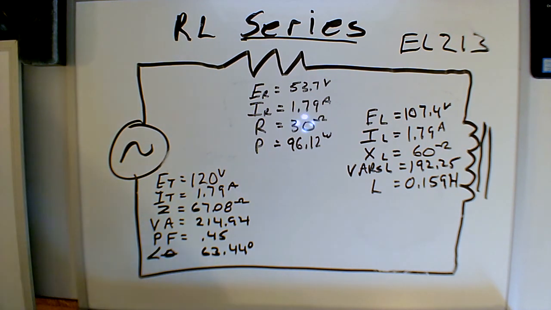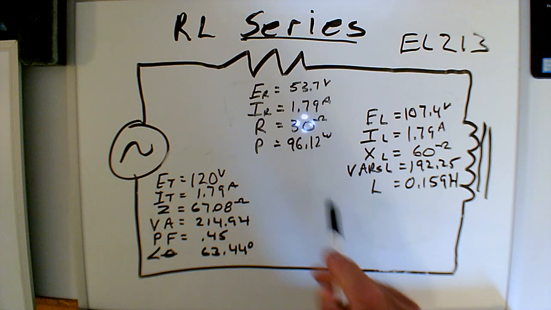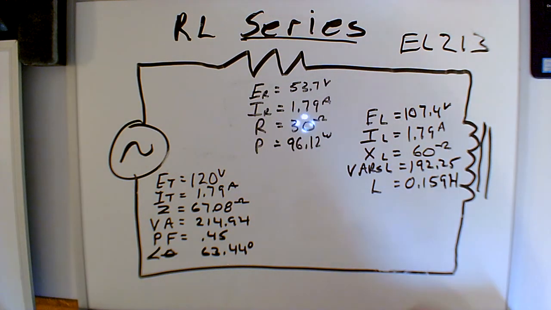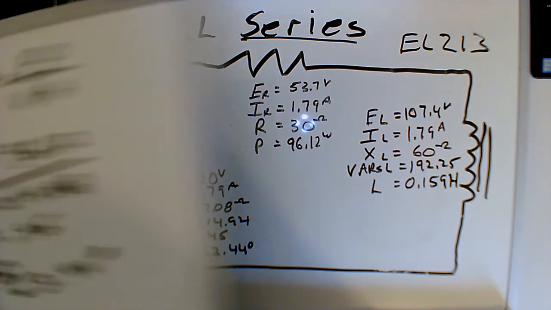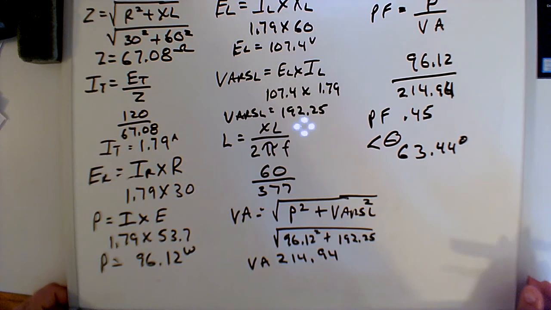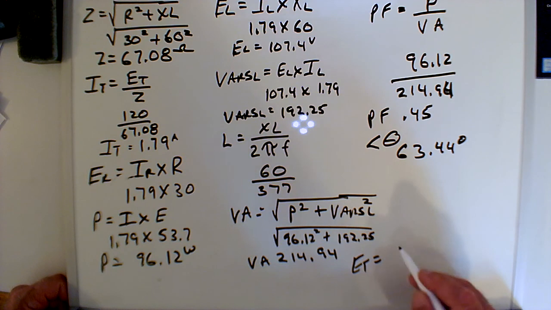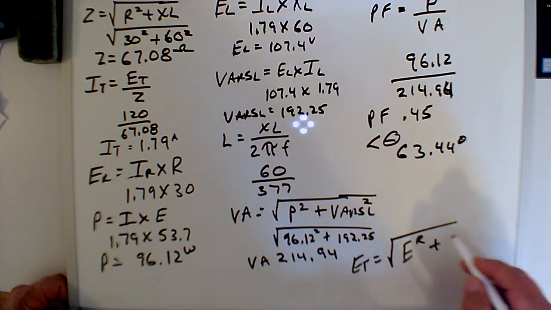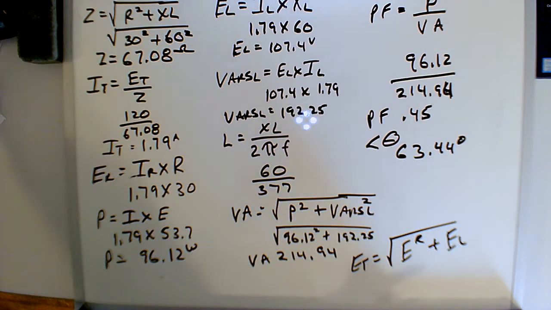Remember, there's more than one way to get to all of these answers. This is just the way I presented it to you. Remember, in a series circuit, the voltages are out of phase. So another formula to figure out the ET would have been ET equal to the square root of ER plus EL. I made a mistake there. I want to correct that.